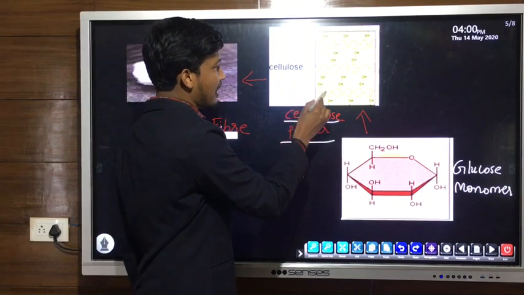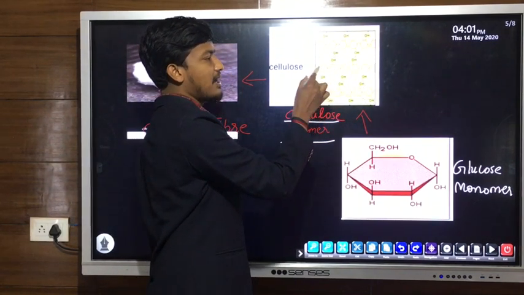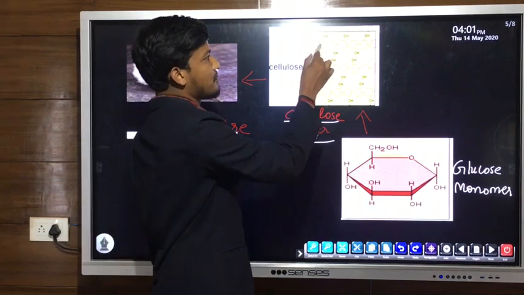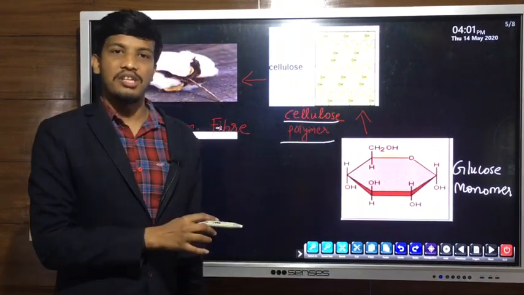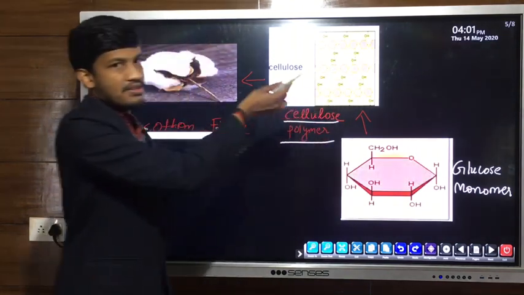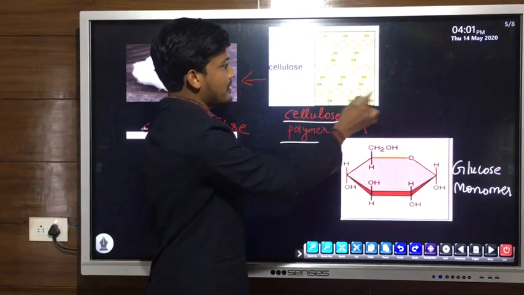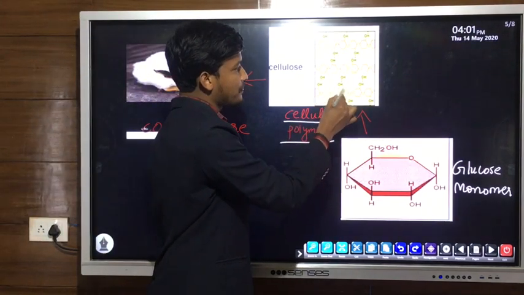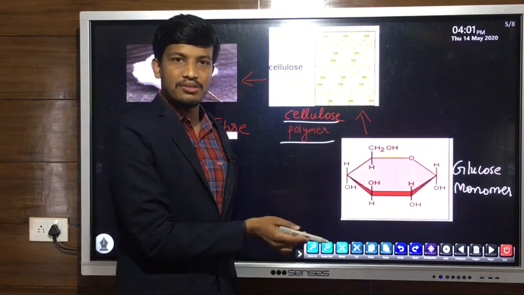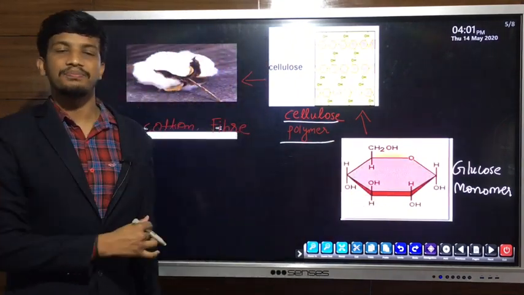So all these are glucose monomers, and these glucose monomers are combined together to form a polymer chain. Which polymer? Cellulose polymer, and cellulose polymers are combined to form cotton fiber. So cellulose polymer is a long chain, and each monomer of cellulose is glucose. So this is the structure of glucose.